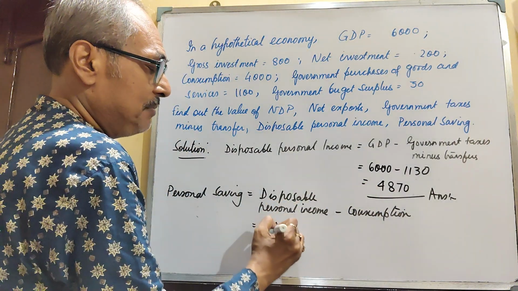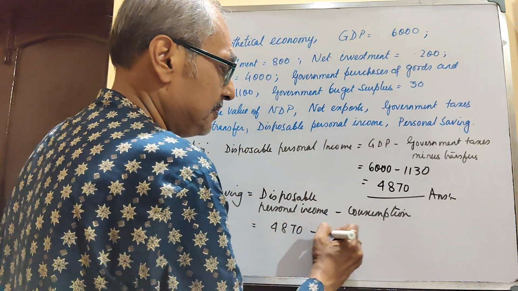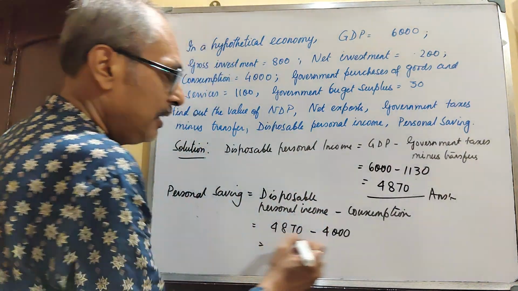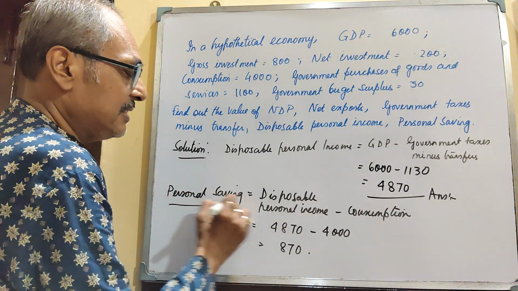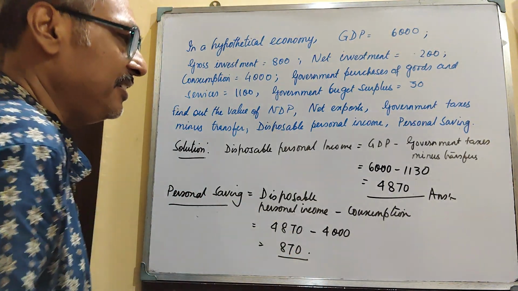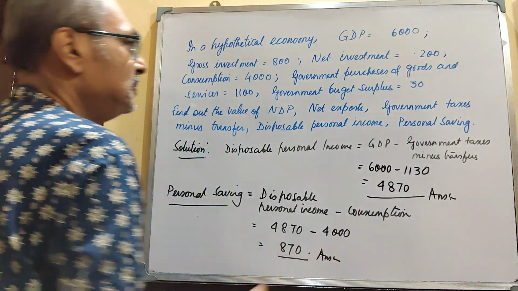Disposable personal income is 4870 and consumption is 4000. If we subtract, we get 870. Personal savings is 870. This is the answer of the last part.